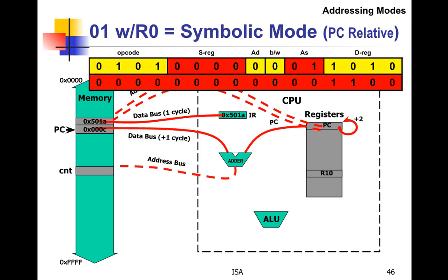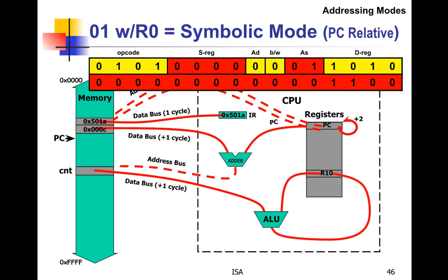Count was like 12 addresses below where this is in the program. And so we go out to count, we grab the data there and run it into the ALU. We need to move the program counter down again, and then we grab the data in register 10, move it into the ALU, and then the ALU result goes back into 10.